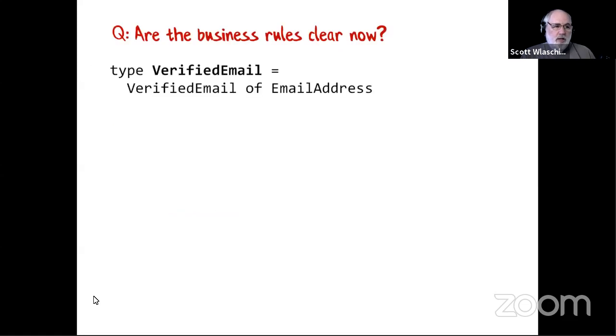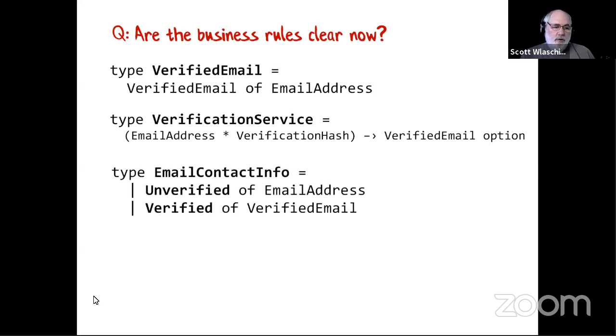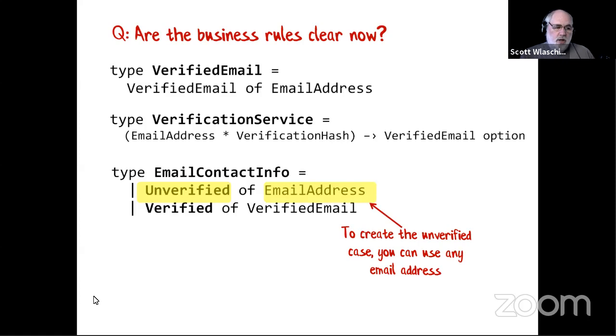Okay, so let's look at the business rules now. We have this new thing called a verified email. We have this verification service thing, and we now have a choice in our contact information. In order to create the unverified case, I can use any old email address. So if you've changed your email address and I don't have a verified email address, I can only create the unverified case because I can't create the verified case without a verified email.